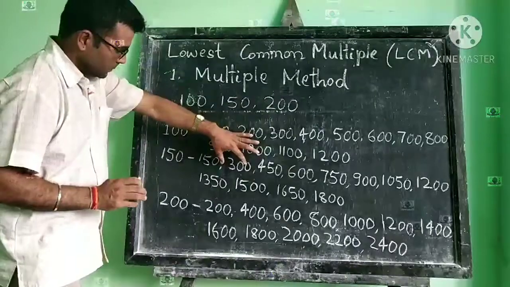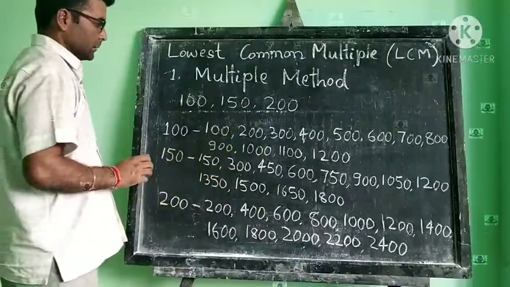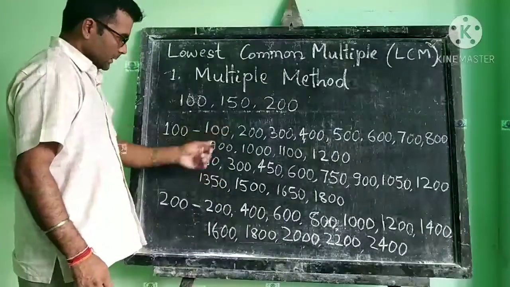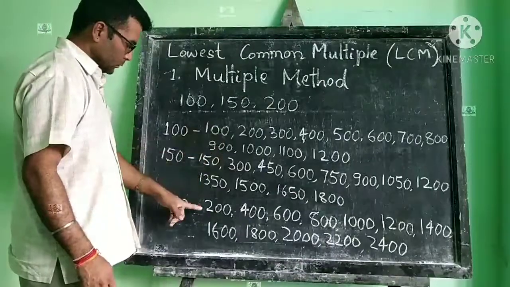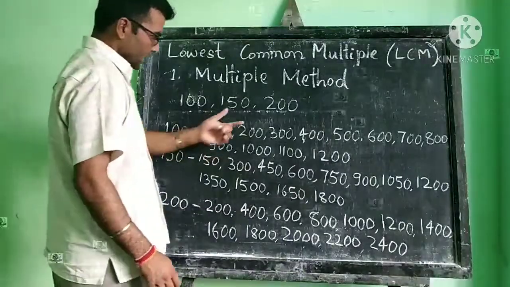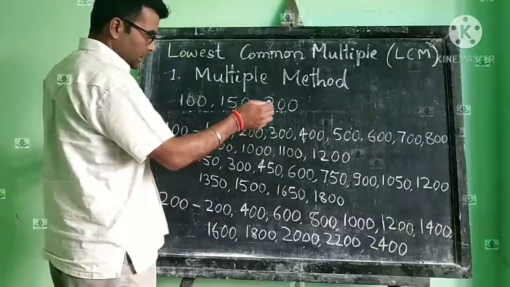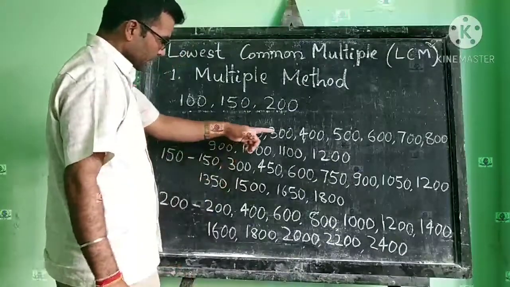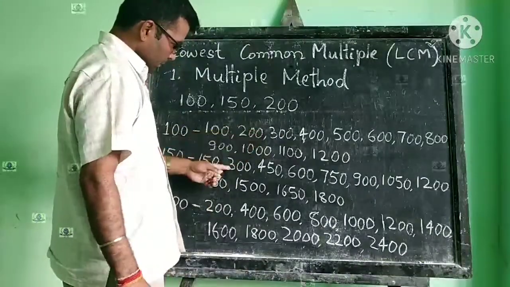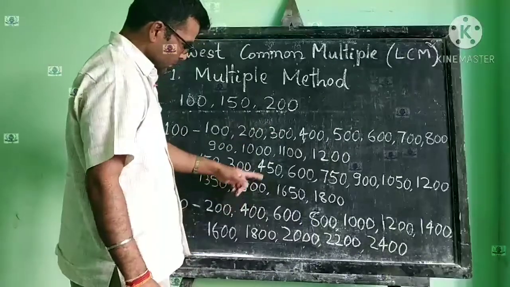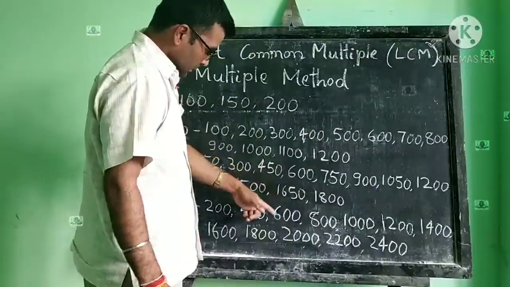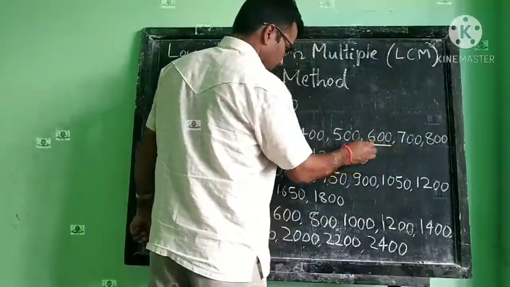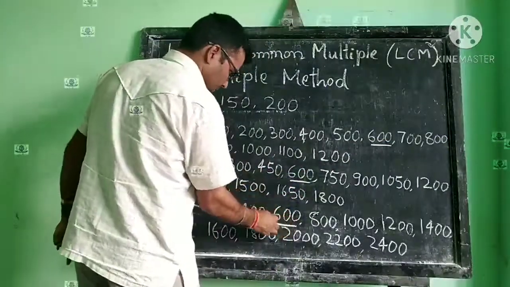Suppose 200 is here, then 200 should be here and here too. But 200 is in two lists only. So we need to find the number that is common in all. 100 is not common, 200 is not common in all, 300 is common in 2 but not in the third, 400 is common in 2 but not in the third, 500 no way, 600 yes, 600 is common here, here and here also.